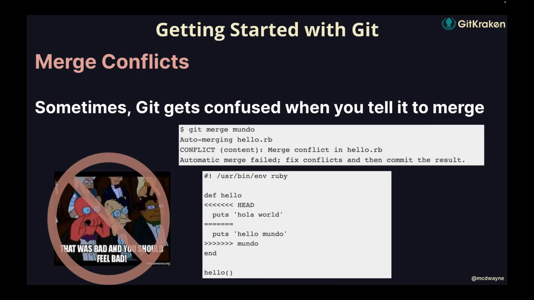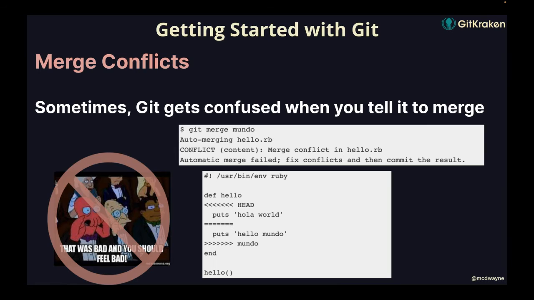It doesn't just fail, and it doesn't silently fail. It very loudly tells you, hey, I've hit a conflict. What it also does is inside the file where it's hit that conflict, it writes down a message and says, hey, from my point of view, where you were trying to merge from, head said this is the true version. But this other version that you're trying to merge in from Mundo, in this case, says this version's true. I don't know what to do, so I give up.